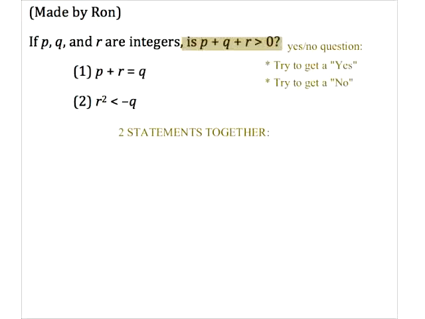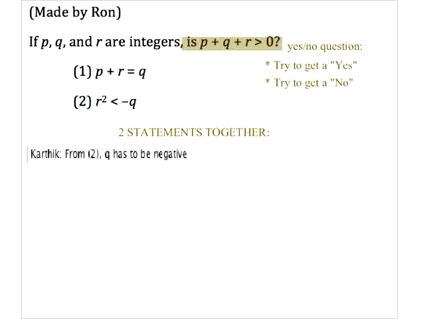So from statement 2, Q has to be negative. Let's go there first. Statement 2 is kind of a weird statement. But when you see a square, and this is the main benefit of having experience with solving these problems, you can think, oh, hey, I remember that kind of dirty trick from last time.